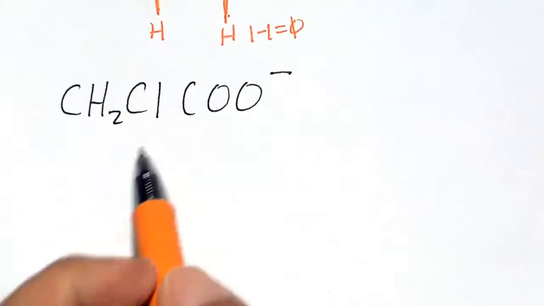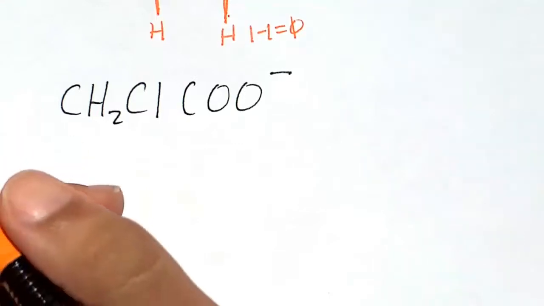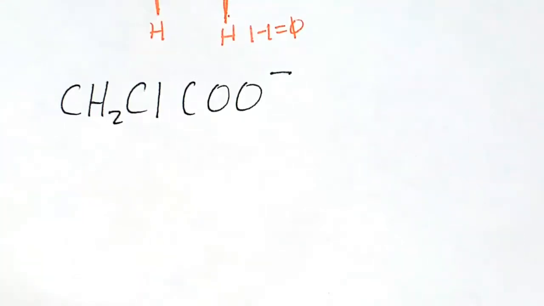Right, our last one here is this molecule here, CH2Cl COO minus. So a lot of moving parts here, a lot of different molecules, a lot of different atoms that we have to somehow join together.